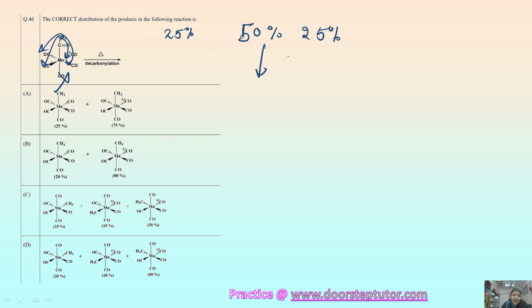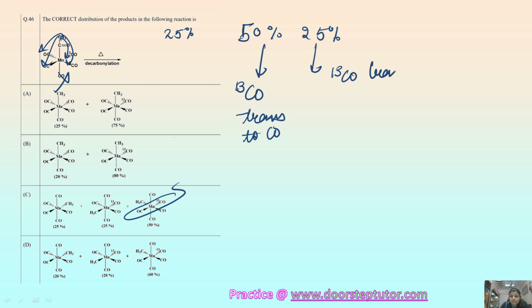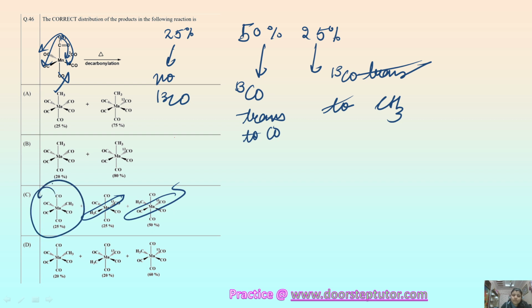The 50% product is the one in which that particular 13CO is trans to CO. For one 25% product, 13CO is trans to CH3, and in the other 25% there is no 13CO.